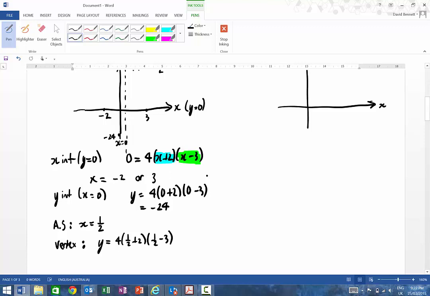Whether you're good at fractions or not doesn't really matter, you can do that calculation on your calculator if you wanted to. So it's simply 4 times 2.5, and 2.5 is like 5 on 2.